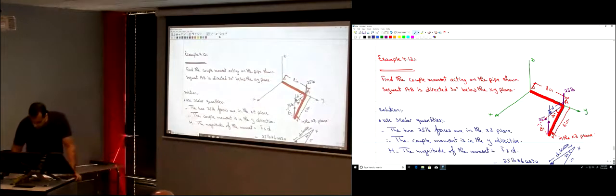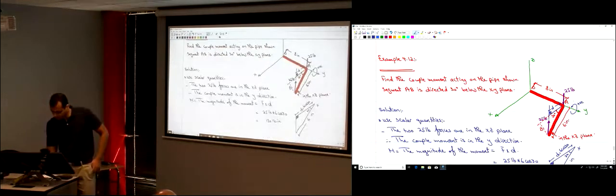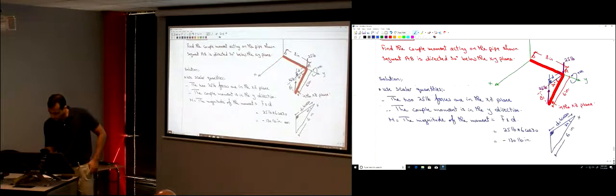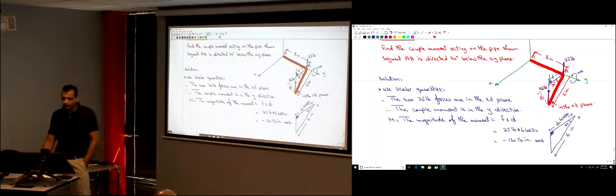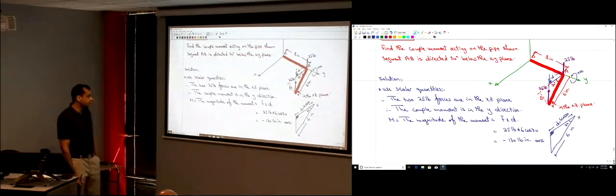So this is the positive moment. Okay? Is it positive or negative? Negative. Okay? So definitely this is negative 130 pound inch. This is if you use scalar quantities.